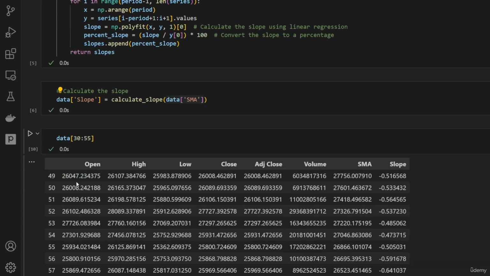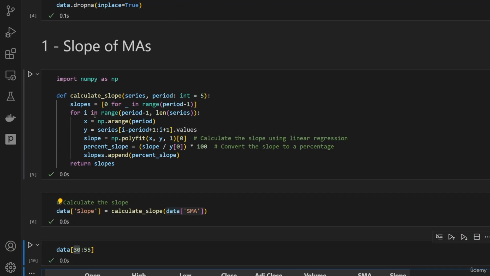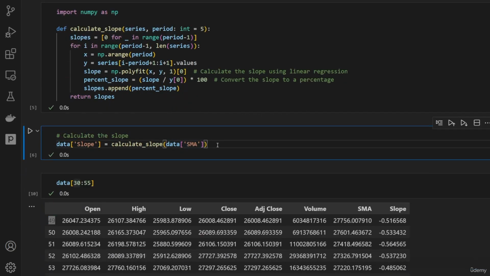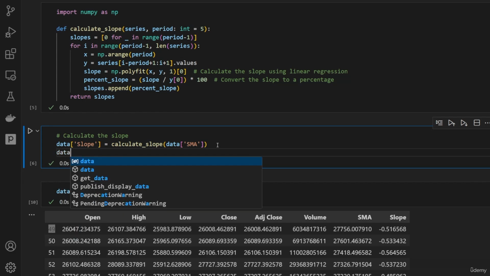And if you are wondering why whenever we're slicing 30, we're getting a 49 here, it's because we didn't reset our index. We should be resetting our index whenever we are dropping the missing values rows.